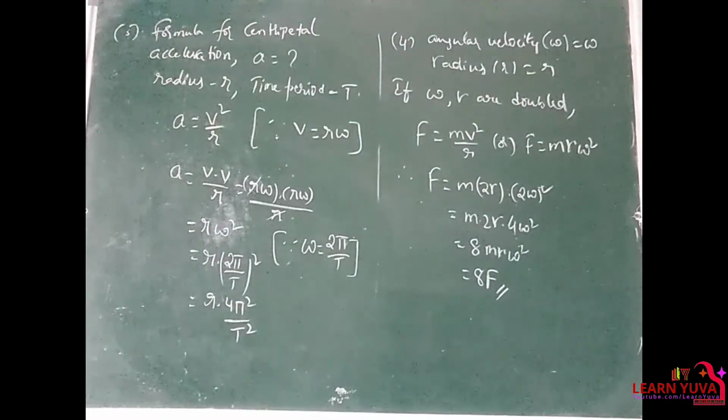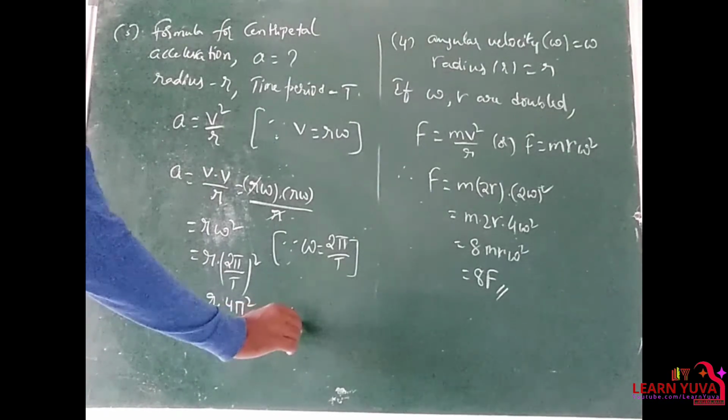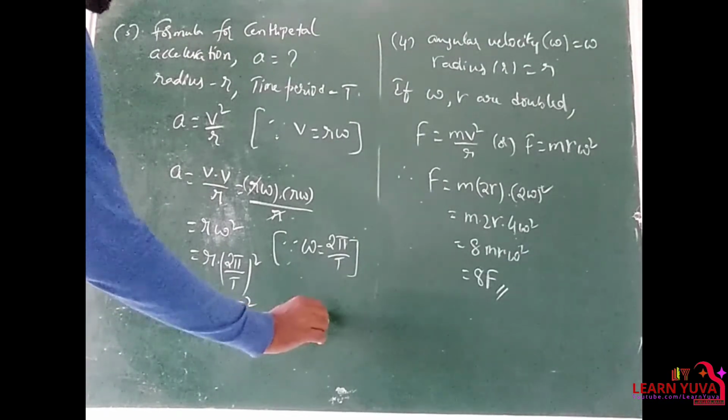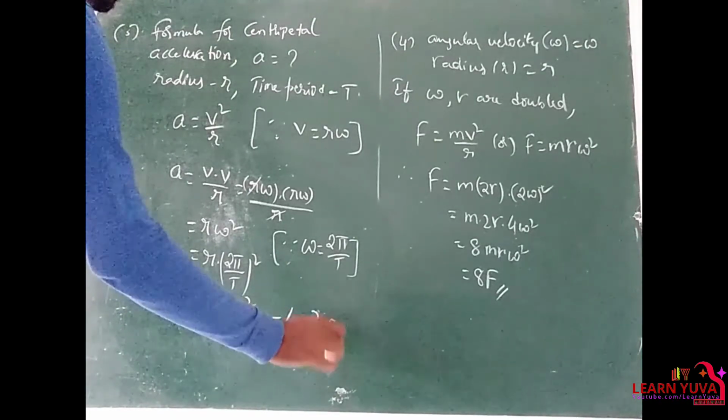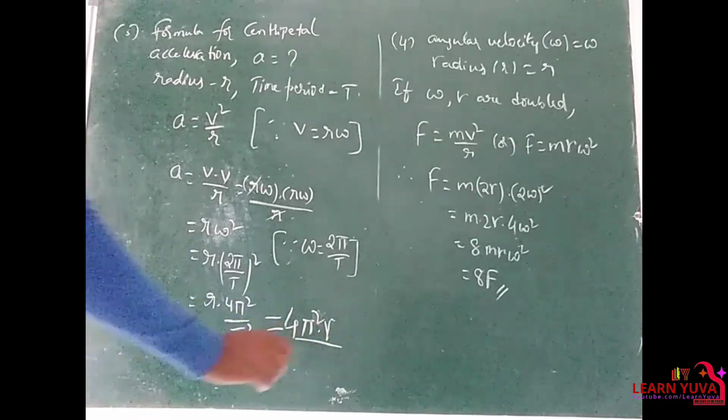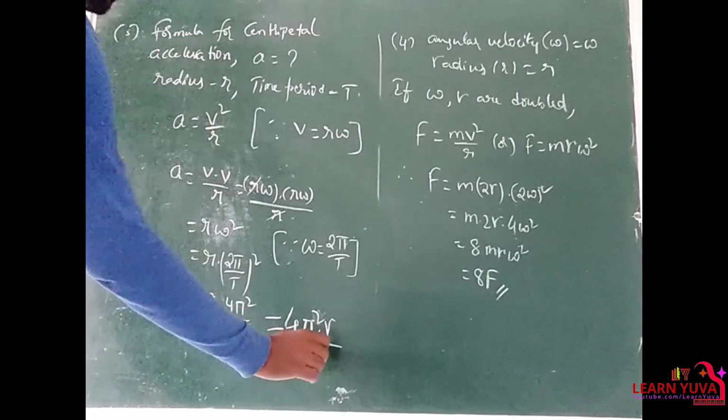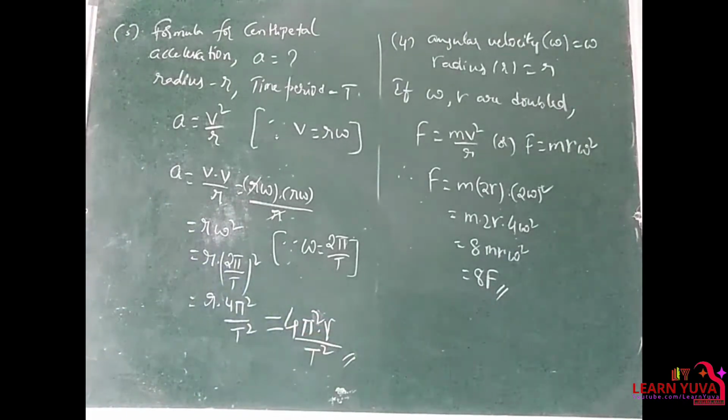Finally we can write that 4 pi square r by T square. That is acceleration.